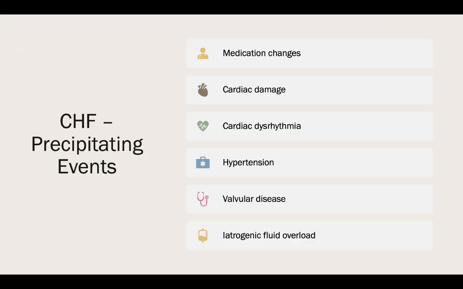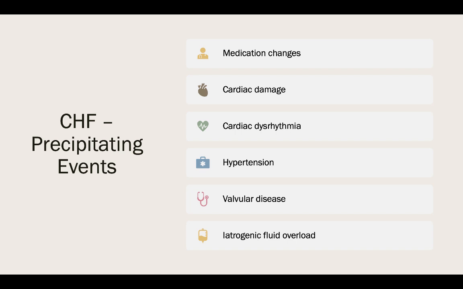A lot of things can cause CHF. Just changes in medication can cause this fluid shift, this pulmonary edema, this congestive heart failure. Obviously, cardiac damage. If we have a myocardial infarction, a heart attack, an MI, that can happen. Cardiac dysrhythmias. If we go into AFib, a ventricular rhythm, a junctional rhythm, we can cause CHF.